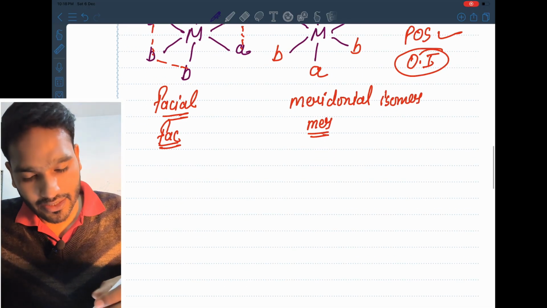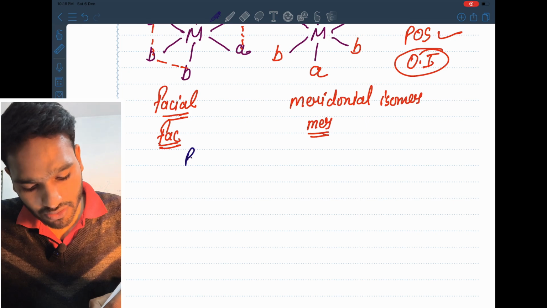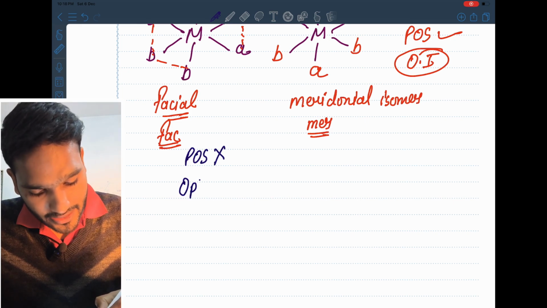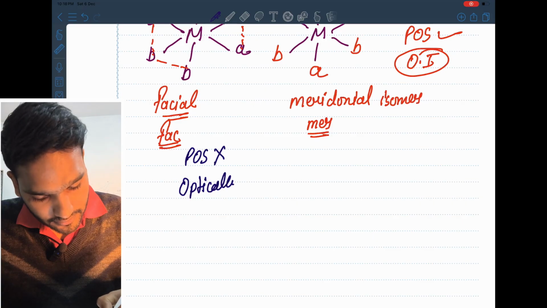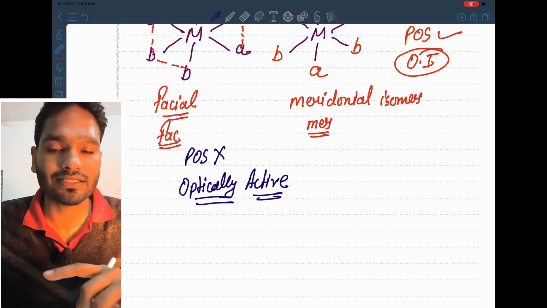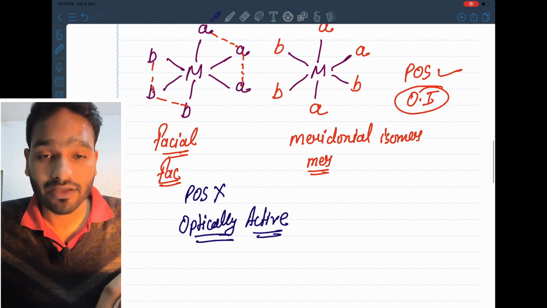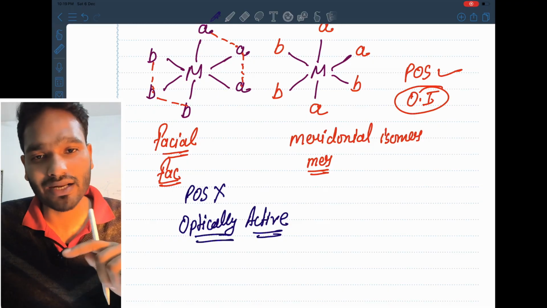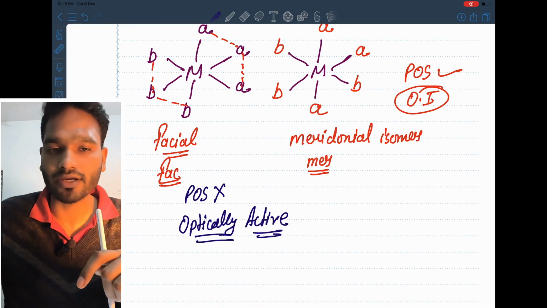So in case of facial isomer, plane of symmetry is not there, so it will be optically active. This is very important. Last year in JEE 2025 there was a question on the facial isomer and meridional isomer, and they were asking the total number of stereoisomers present.